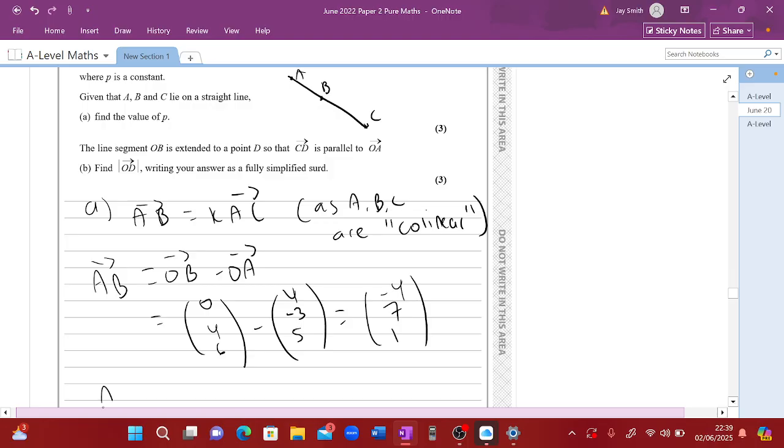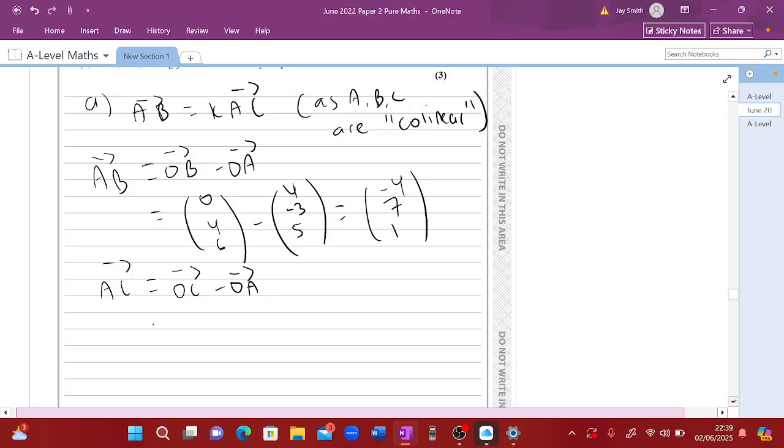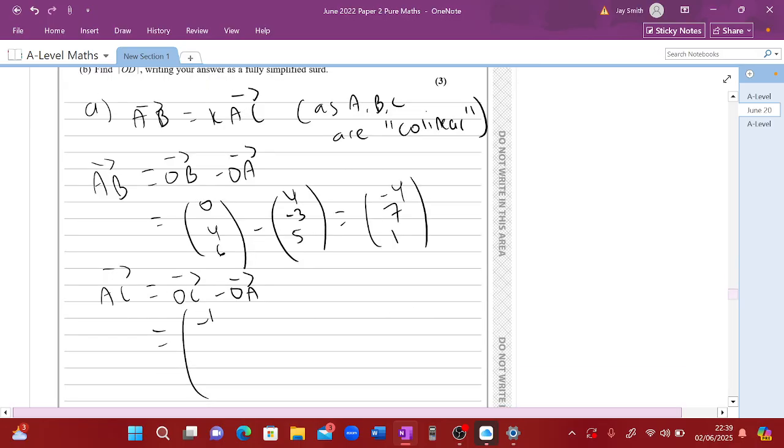And then to find AC, that's going to be OC minus OA. So the position vector C is minus 16, p, and 10. Hopefully you recognize this.